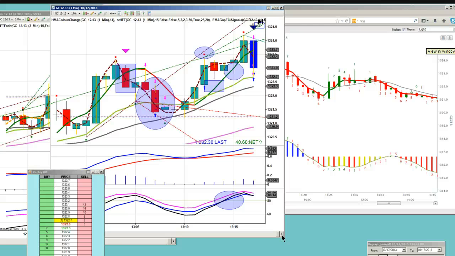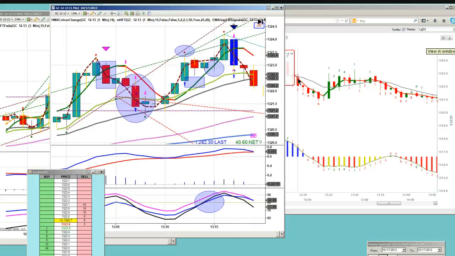So by the time we get to 1319, 1318, the nice thing about the Segredo is when you see it correlates with your HMA going red, and you see your HMA is crossing your gray line along with the blue bar giving you number 1, number 2, chances are it's going to stay the course. Chances are it's going to give you your reversal that you're looking for. And this is the nice thing about the Segredo, it takes the maybe out. It takes a lot of the maybe out.